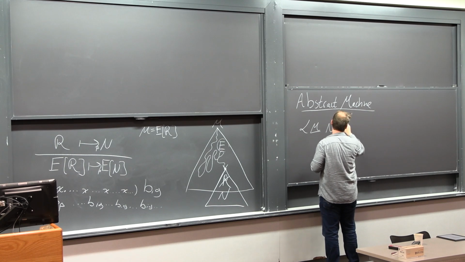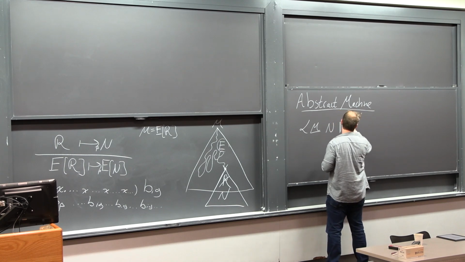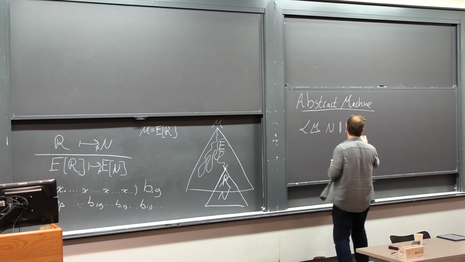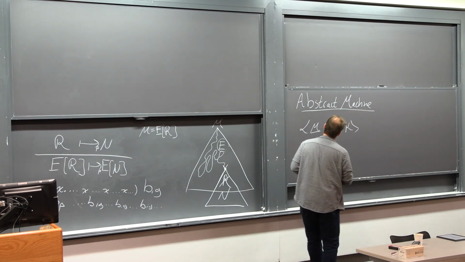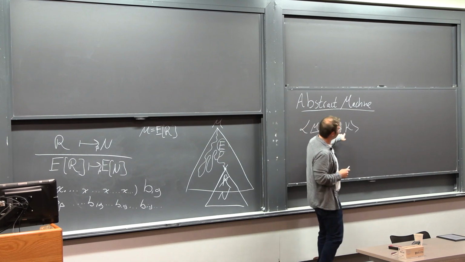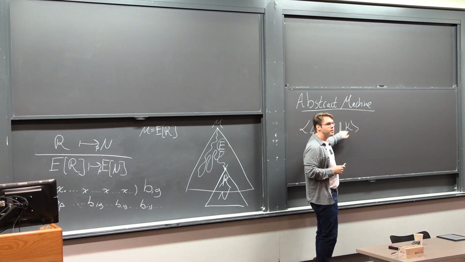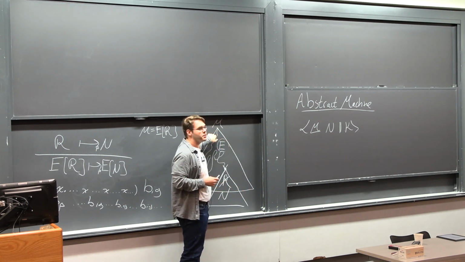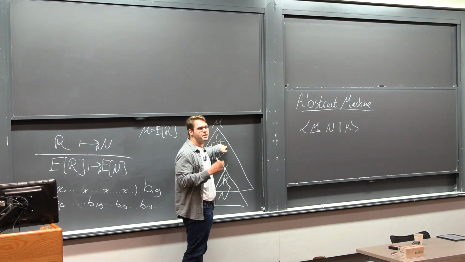Right, so I'm going to have now my machine configurations. I think I used a K in the notes. Yes, good. So essentially, this K is going to be a data structure, which is keeping track of my search path through the evaluation context. So it holds the same information as E, but it's kind of inside out. That's the intuition, right?